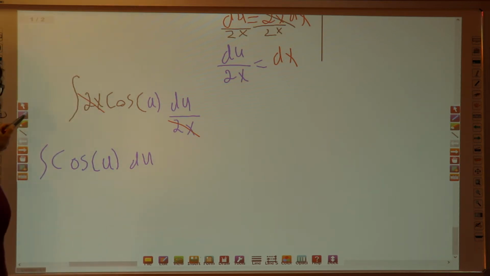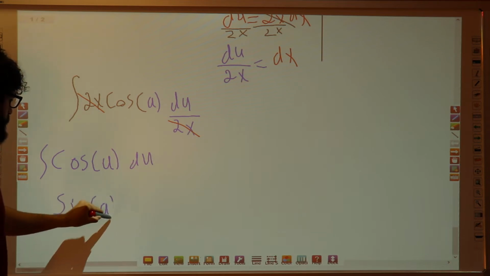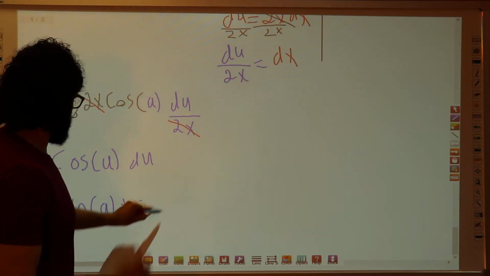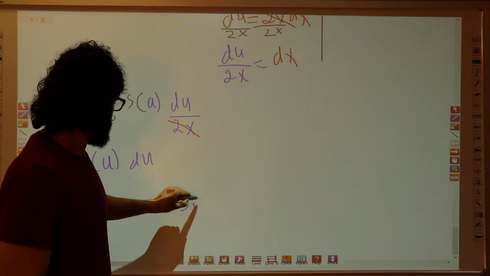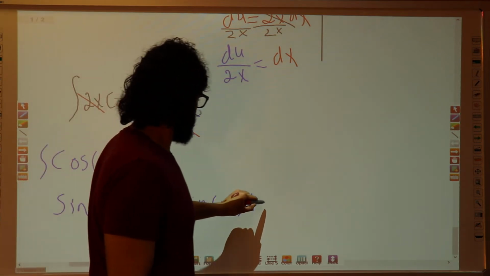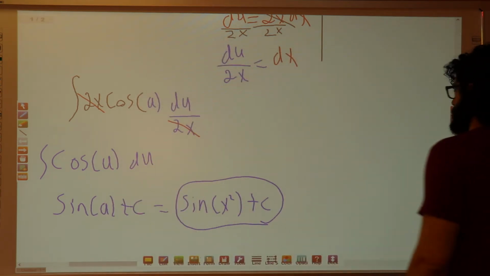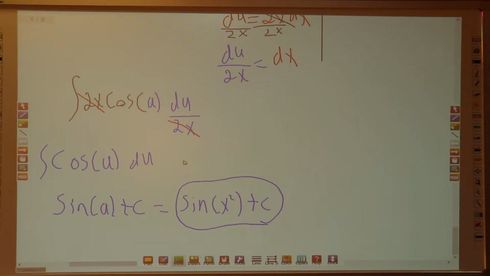The integration of cosine is sine. So sine u plus C equals sine of x squared. Why x squared, Ismail? Because you bring u back as is. Cosine u du: integration of cosine is sine u plus C, which is sine of x squared plus C.